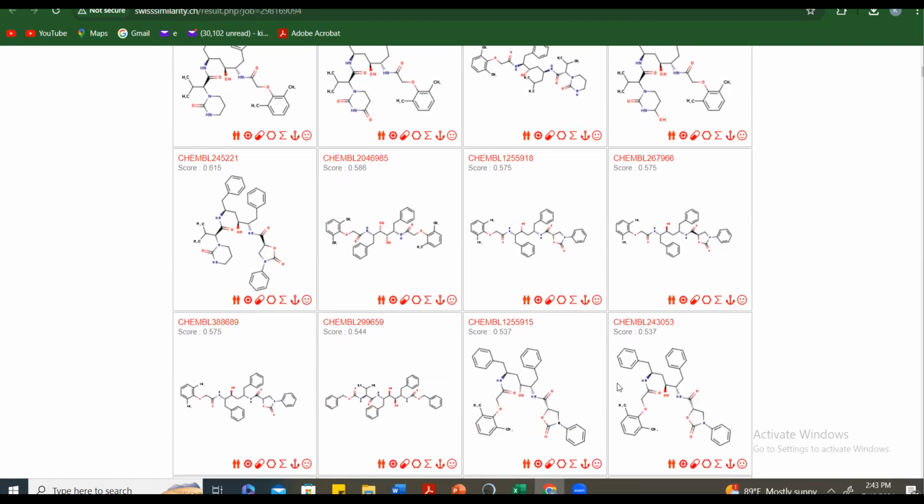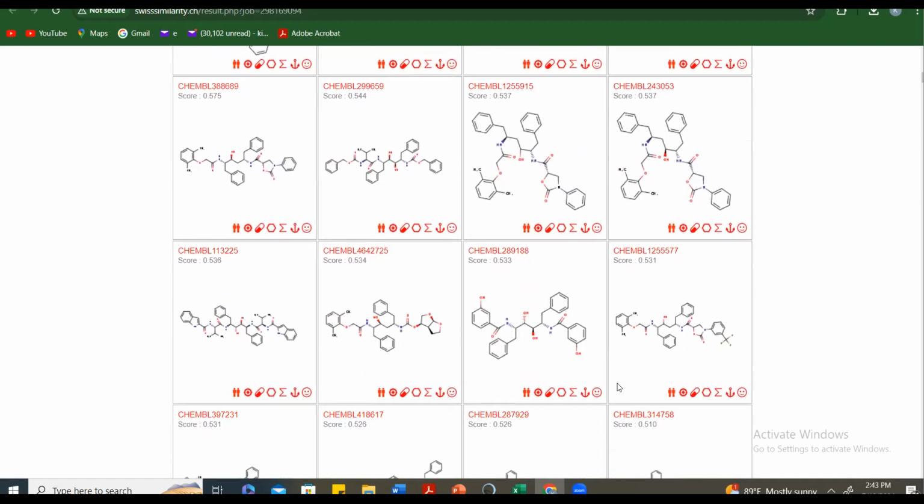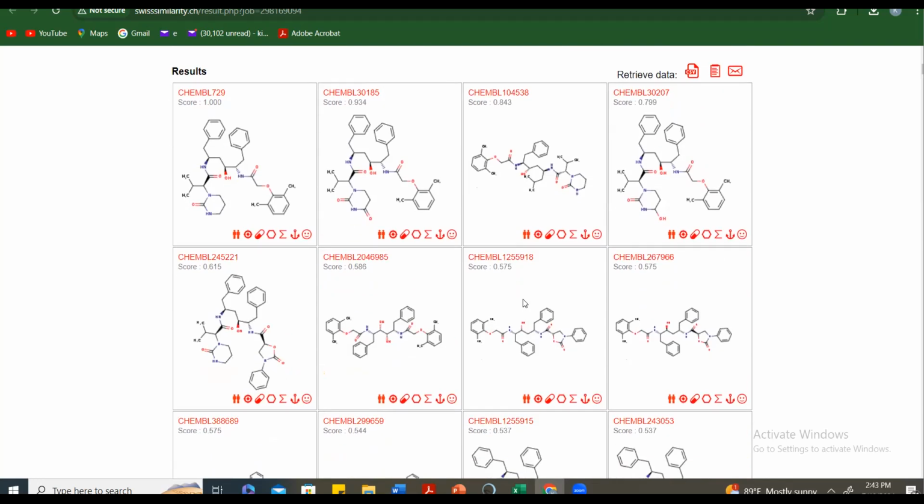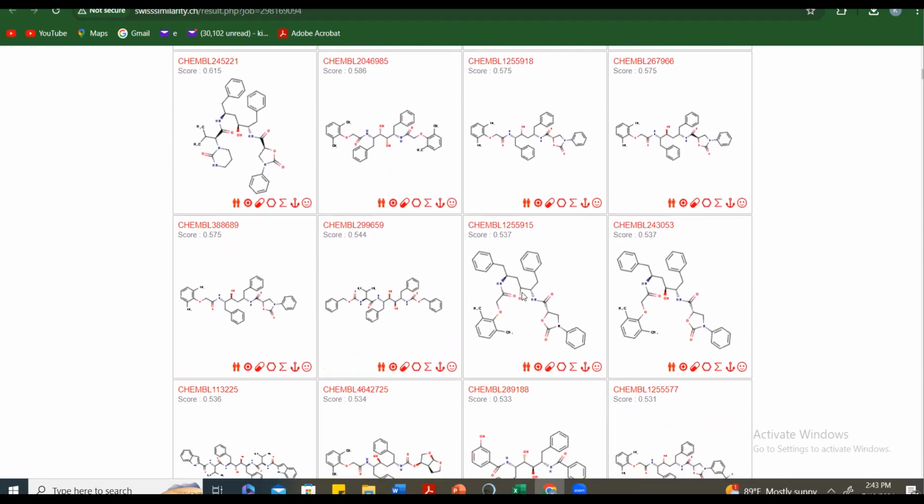If you go down, it will generate for you different structures that are similar to lopinavir. So if you are looking for a drug that can behave like lopinavir or even do better than lopinavir, and you don't want to stress yourself too much, you can make use of this.